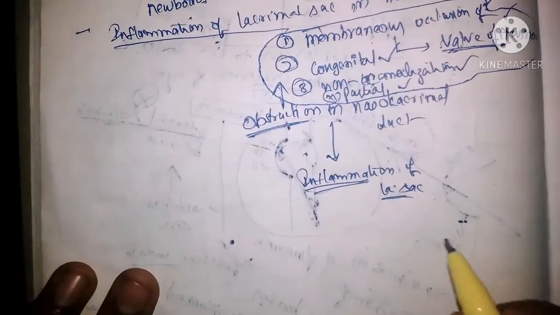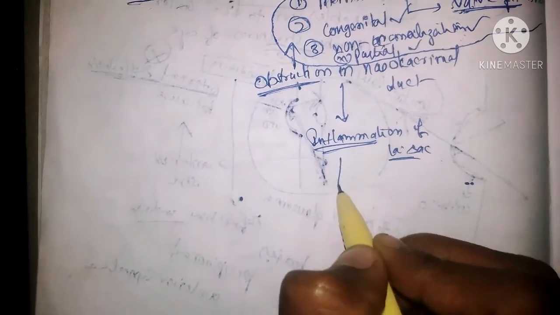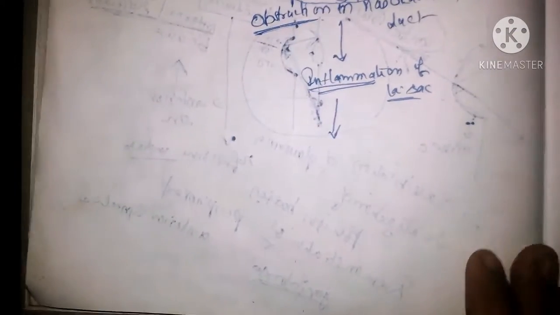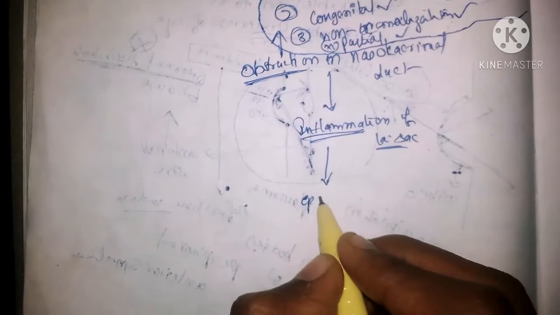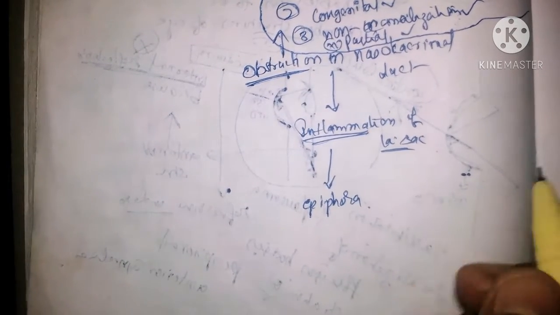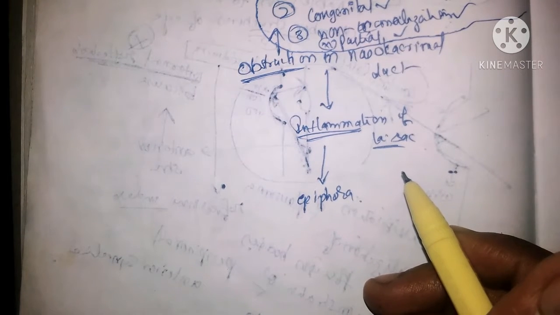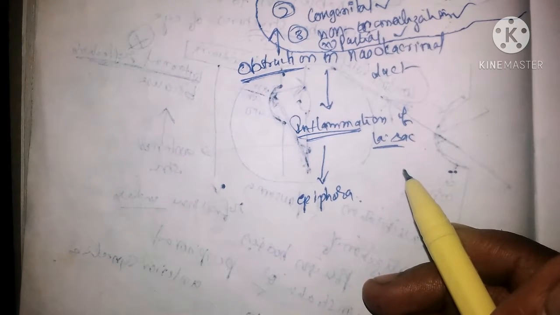that results in inflammation of lacrimal sac. When there is inflammation of lacrimal sac, what we see is epiphora. Epiphora means outflow of tears. Usually, when do we get tears? When we cry. But here, these tears will come out even when the baby is not crying.